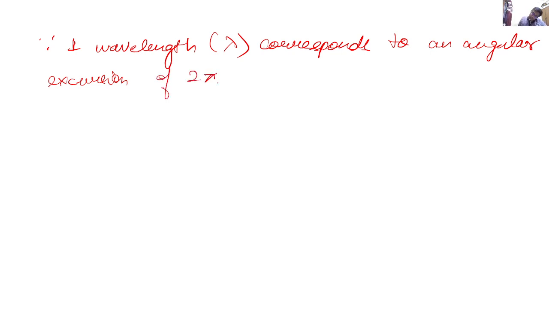The phase changes by 2 pi as the wavelength completely finishes, which we know very well.